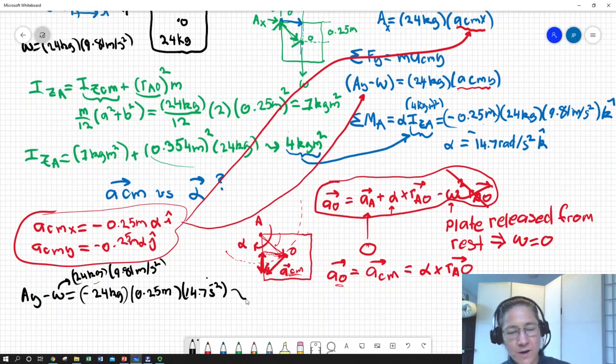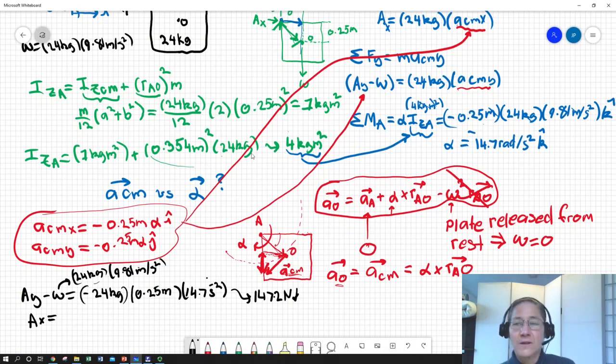If I solve for AY, first I'll do a units check. I have kilogram meters per second squared, and I'm going to add that to a kilogram meters per second squared. That's good, just a very quick and dirty error check. I get 147.2 newtons downward. And then if I do the same with A sub x, it's even easier.